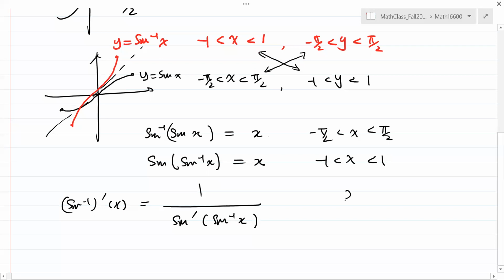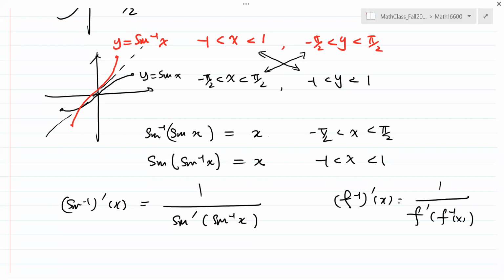Compared with the most general one, here f is just replaced by sine. So the general formula implies the special formula. In order to find the derivative of the inverse, we just need to find that.